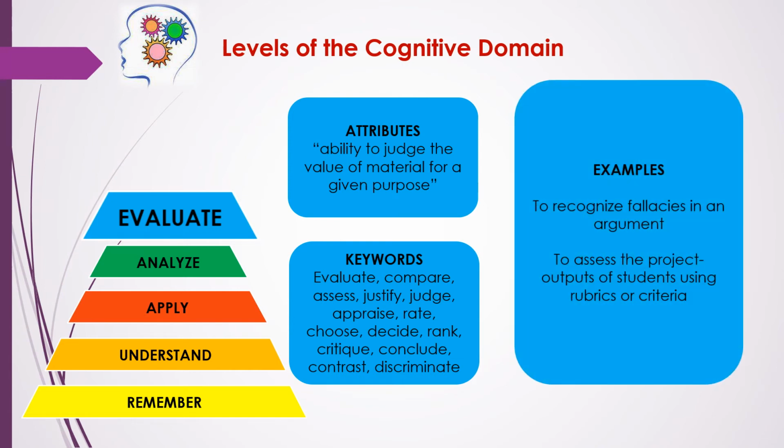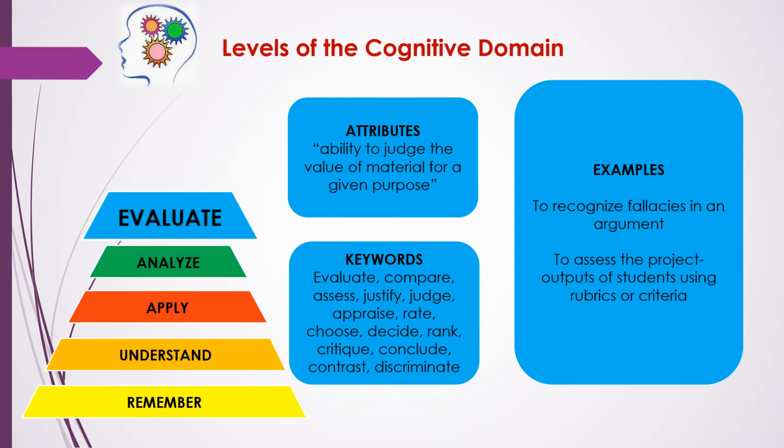Example, to recognize fallacies in an argument. To recognize. No? So, wala dito. So, still part pa rin siya. No? And then, to assess the project outputs of students using rubrics or criteria. From the word assess. So, to assess the project, definitely kailangan kang may rubrics or simply criteria.